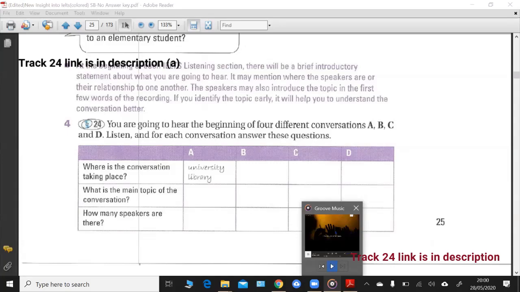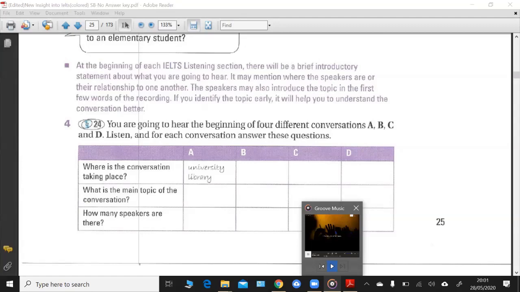Where is the conversation taking place? University, or even a college. Yes, it can be a college as well. And the topic is funding for research center. Basically, the topic can be lack of funding for research.